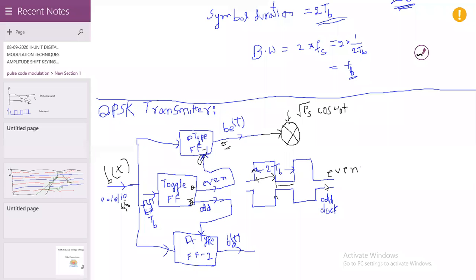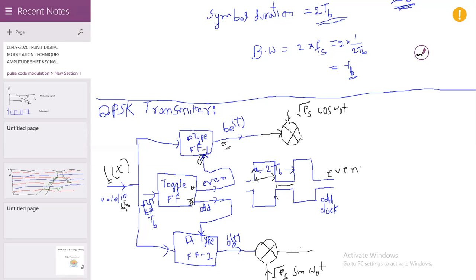Here also the odd bit data is multiplied with the carrier, root of Ps, where Ps is the amplitude, sin omega naught t.